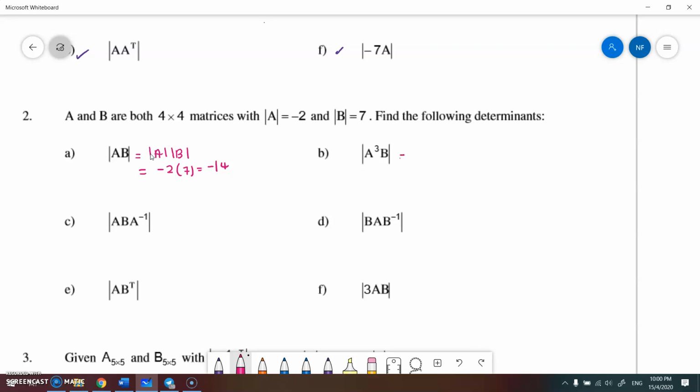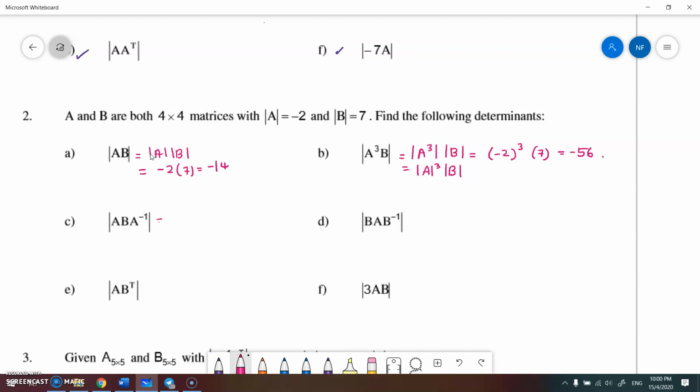Okay, B. A to the power of 3, B. So this one is also equal to determinant A to the power of 3 times determinant B. So negative 2 to the power of 3, negative 8, and then times 7. So negative 8 times 7 you get negative 56.